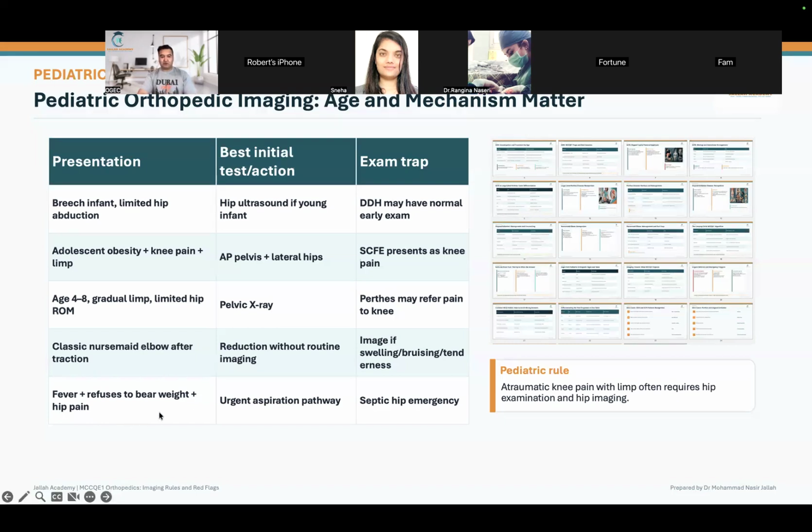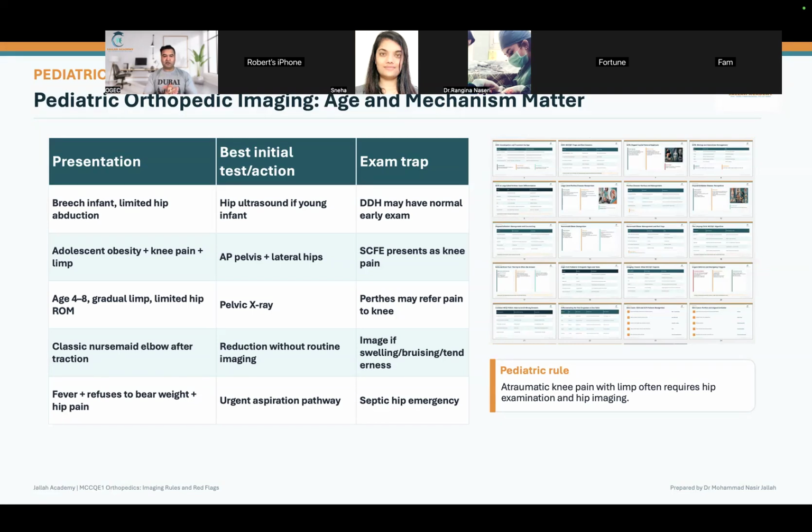Fever plus refusal to bear weight in the hip, especially in a kid, is septic arthritis until proven otherwise. Any pediatric patient who refuses to use the joint or bear weight, and has a swollen, hot, painful joint and refuses to walk on that limb, it is septic arthritis until proven otherwise.